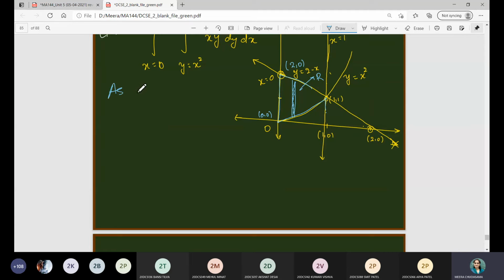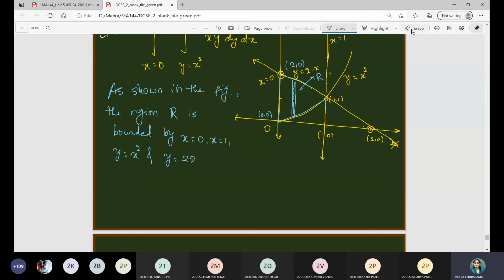So as shown in the figure, the region R is bounded by x is equal to 0, x is equal to 1, y is equal to x square and y is equal to 2 minus x, having boundary points as 0, 0, then 2, 0 and the third one is 1, 1, right?